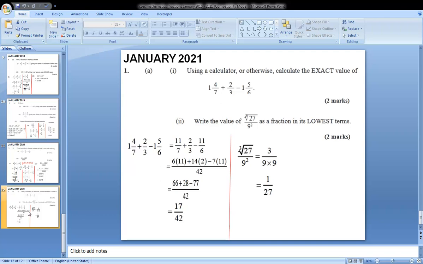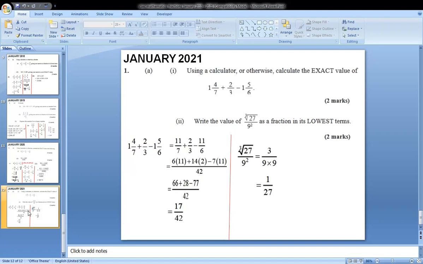So the negative number would be taken from 66. That's 49. So 49 take away 66 would have given us 17. Good.